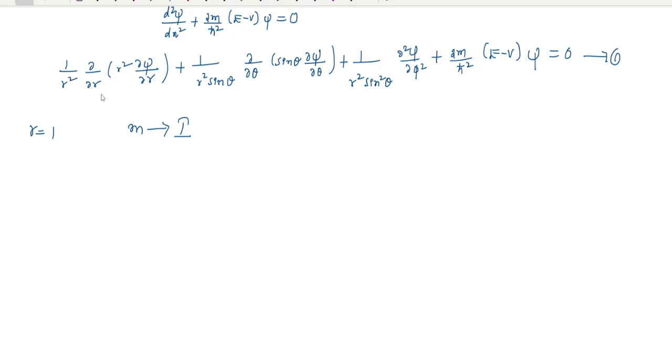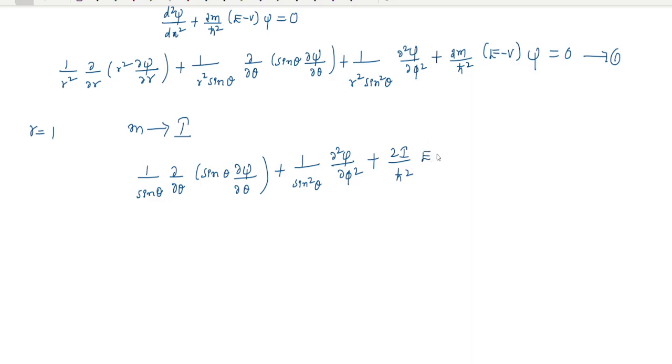The 1 by r square vanishes, and the remaining terms are 1 divided by sine theta, because r equal to 1, dou by dou theta of sine theta dou psi by dou theta, plus 1 divided by sine square theta, dou square psi by dou phi square, plus 2I divided by h cross square E times the wave function psi equal to 0. This is equation number 2.